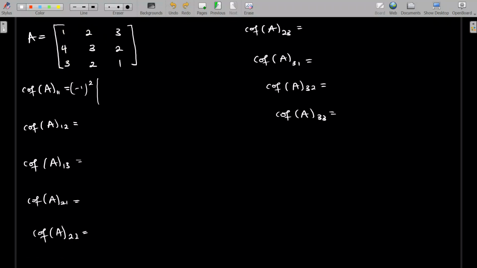I find the determinant of 3, 2, 2, 1 and multiply it by (-1) to the 2, which is 1. We said that the determinant of a 2 by 2 matrix is the product of the diagonals minus the other side.